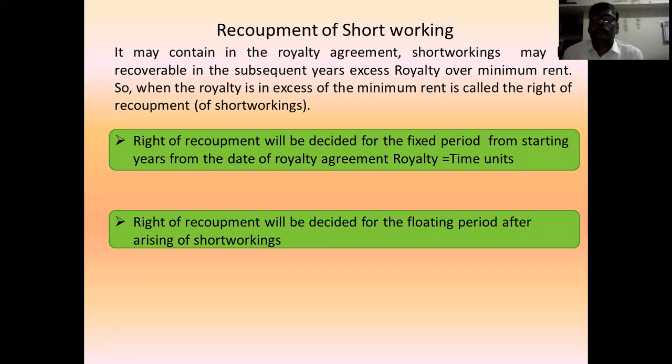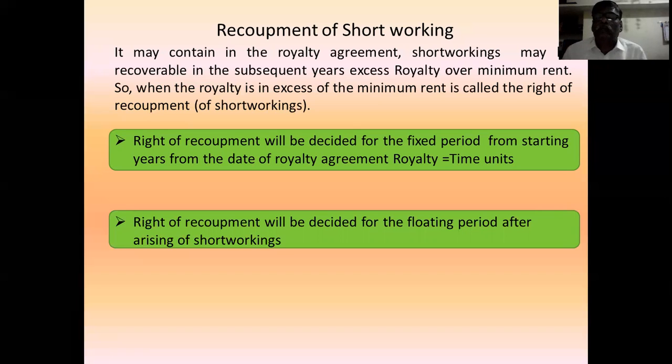For example, short working can be recovered in the next 2 years from the year of short working. Or in the next 3 years from the year of short working. Like that, they make an agreement; that is called a floating period.